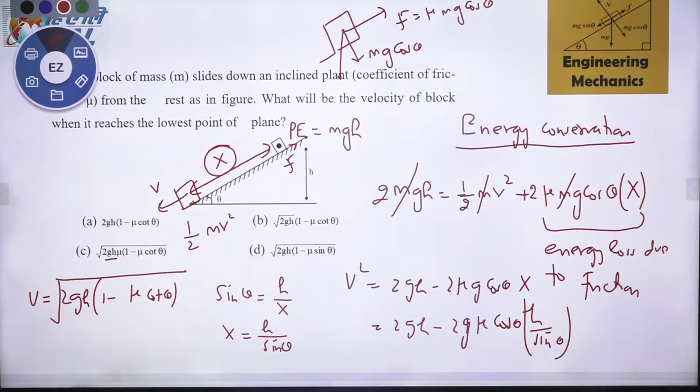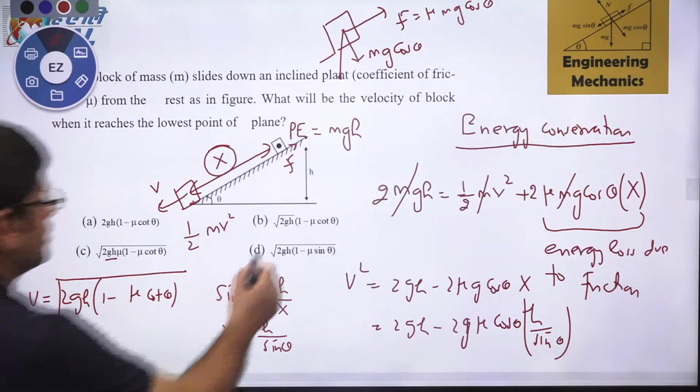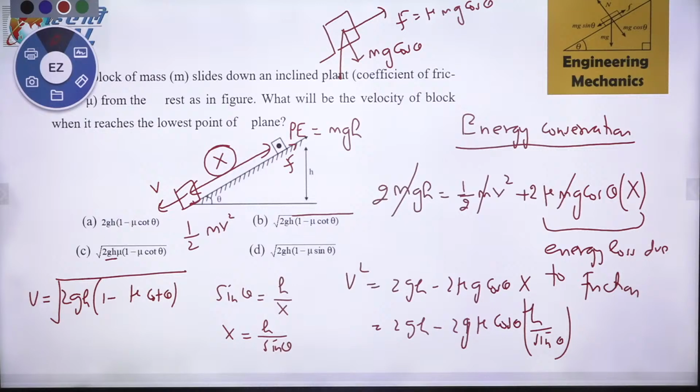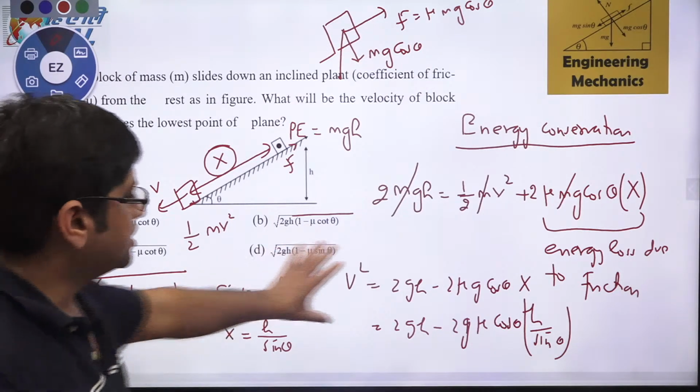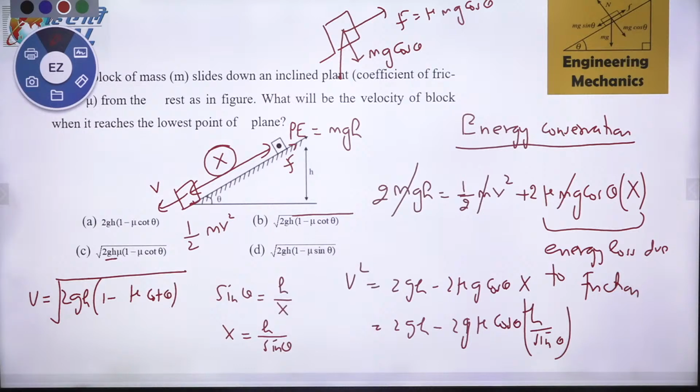So that is the answer to this particular question: v equals the root of 2gh into 1 minus mu cot theta. This is how the value of velocity can be obtained for this question.